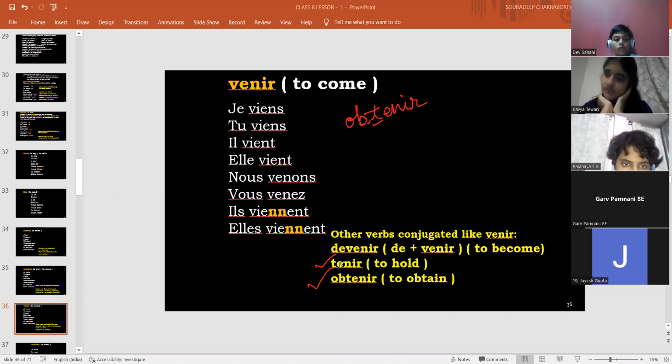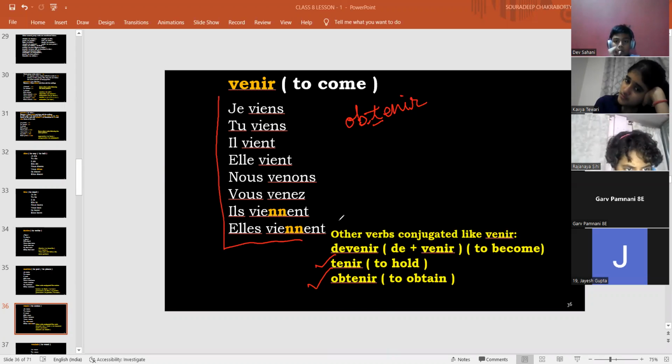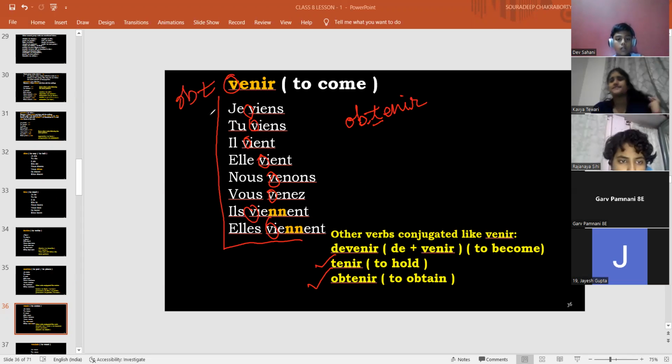Yes, sir. So remember, that is why we have shown only one conjugation. If we replace V with T, it becomes tenir. You need to replace all the V in this conjugation with T, then it becomes tenir. And if you write OB beside that, it becomes obtenir.